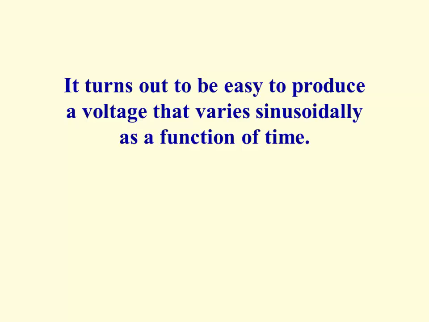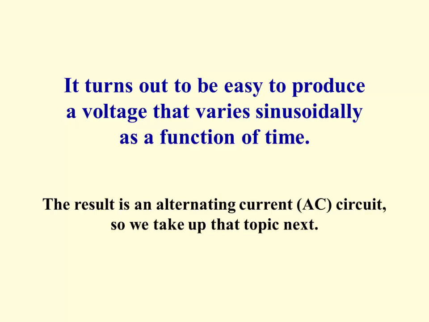It turns out also to be easy to produce a voltage that varies sinusoidally as a function of time. All you have to do is some very simple things like rotate a coil in the presence of a magnetic field. That results in an alternating voltage that produces an alternating current, what's called an AC circuit, and that will be the fourth topic in the course.